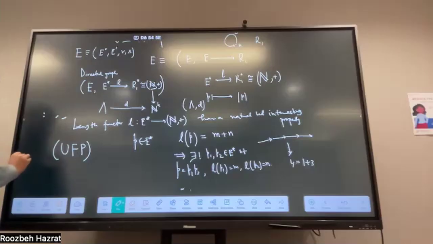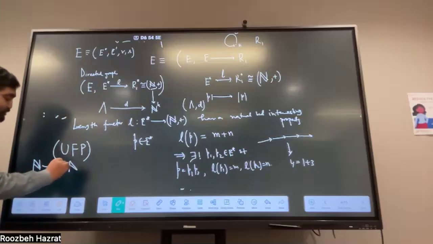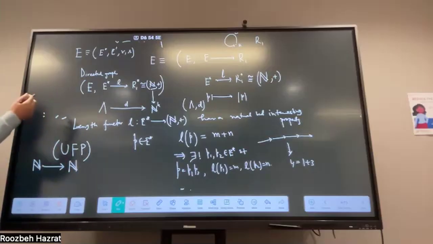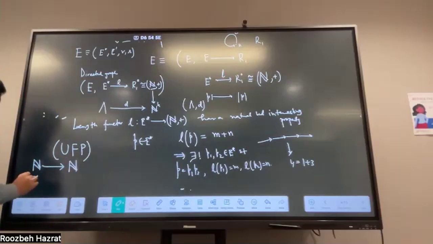For example, if you have this monoid N viewed as a category, then you can talk about a lot of functors between N and N, because I have already mentioned that any functor is just like a monoid homomorphism. So you take this monoid homomorphism, x goes to 2x. This is obviously a functor, but this does not have this unique factorization property.